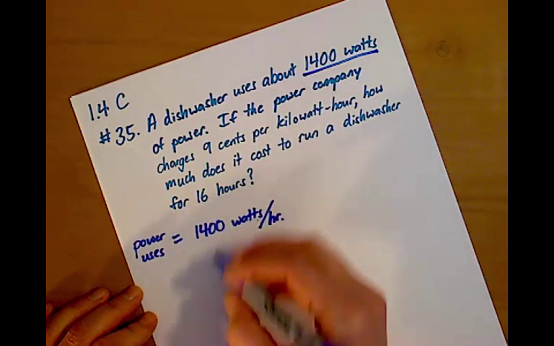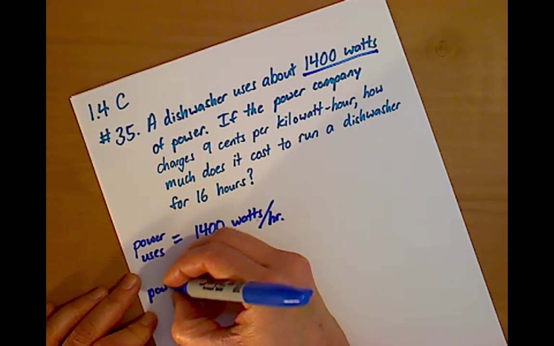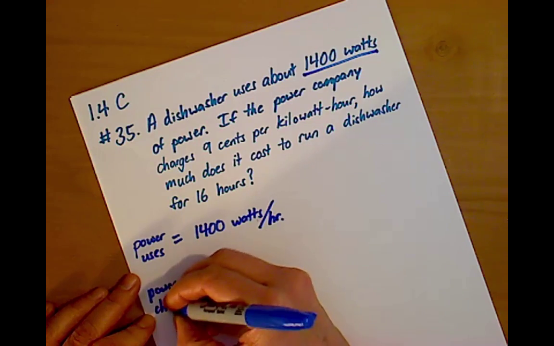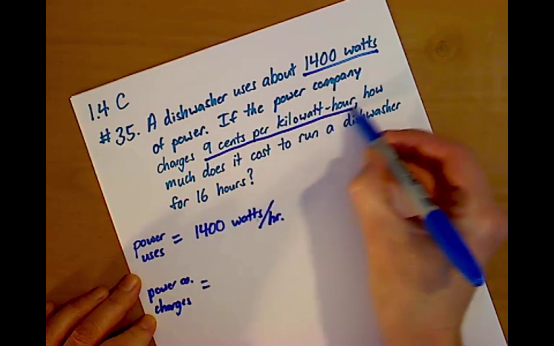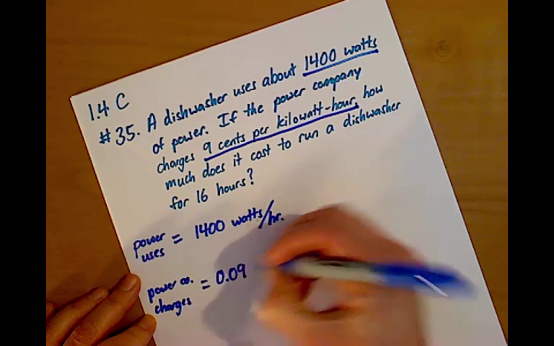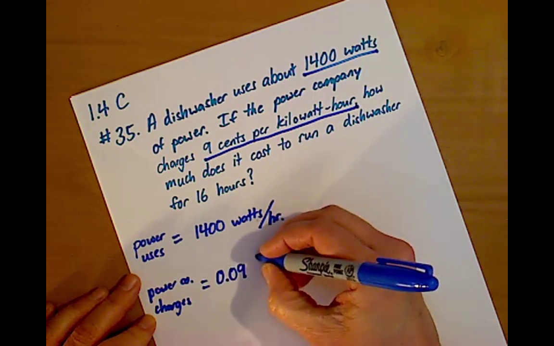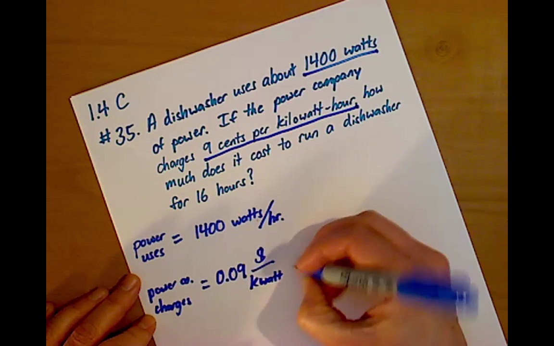And the power company charges 9 cents per kilowatt hour. So we're going to do 0.09, and that's the money per kilowatt hour.